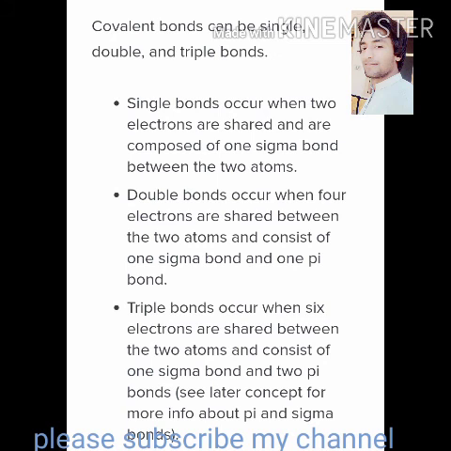Now nitrogen. Nitrogen has 5 valence electrons, and here we have 1, 2, 3, 4. So 5 minus 4 is equal to 1, and it's a positive 1. Now here, nitrogen has 5 valence electrons, and here it has 1, 2, 3, 4, 5, 6. So 5 minus 6 is minus 1.